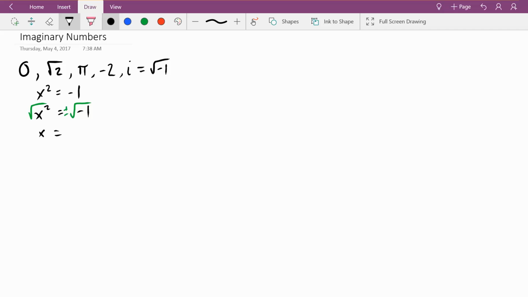So the solutions to x squared equals negative 1, this here, is x is a positive or a negative i. Alright, a little background about the imaginary number and where it came from. That's why we need it, how we need it, and it's used in many applications these days.